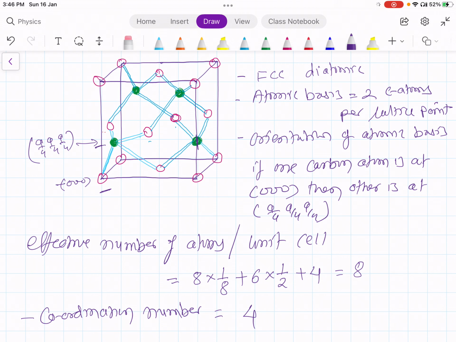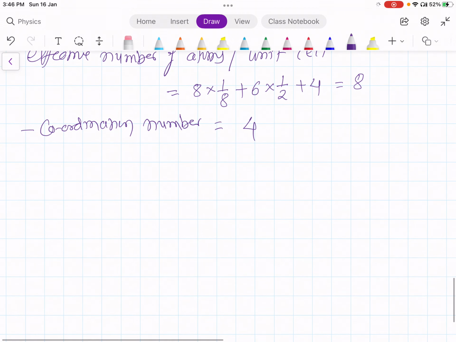So let us find the lattice constant in terms of atomic radius, or atomic radius in terms of lattice constant. To show that, I have to draw one more diagram.